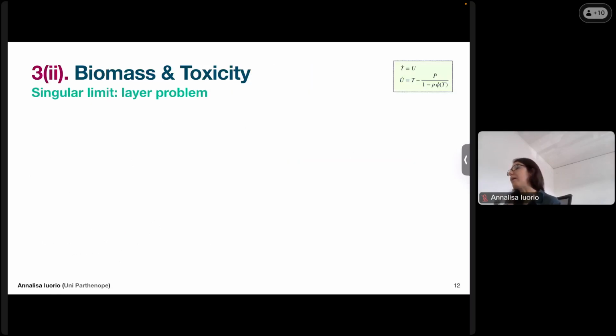So how do we analyze this problem from the GSPT perspective? We do what I've said in the beginning in a general scenario. We start analyzing the singular limit, starting from the layer problem. Setting epsilon to 0 in the fast scale, we obtain the system that you see on the upper right part of the slide.